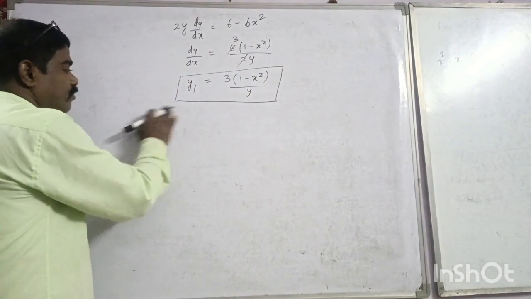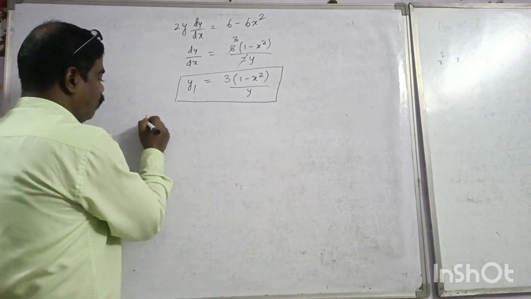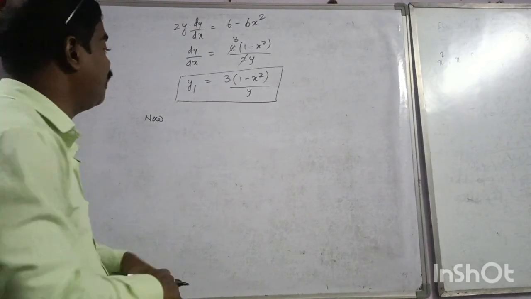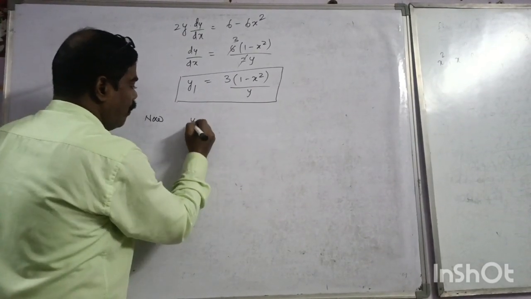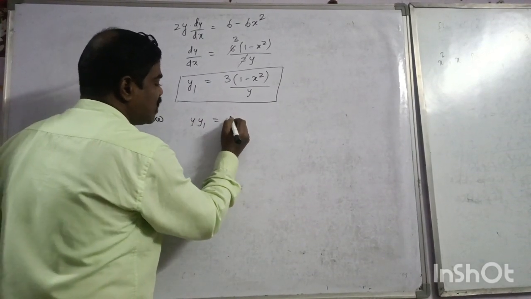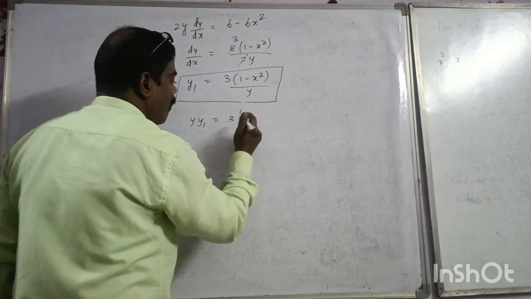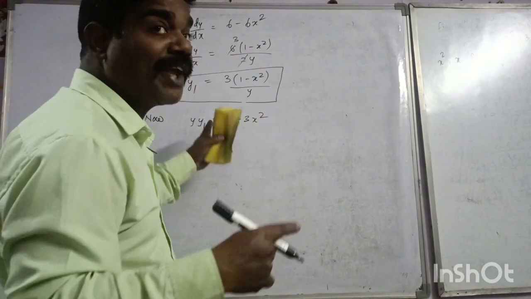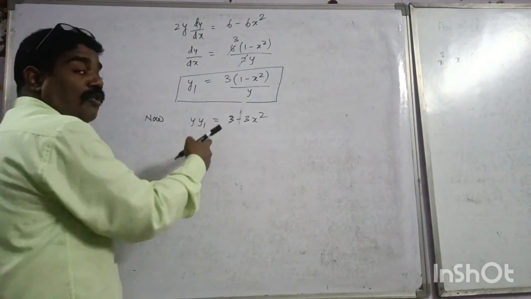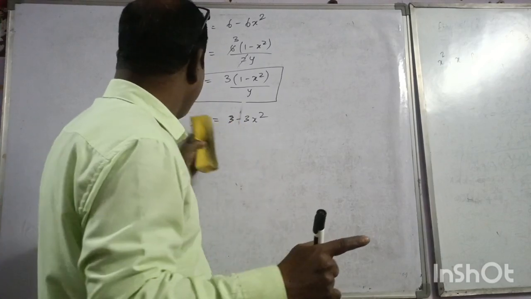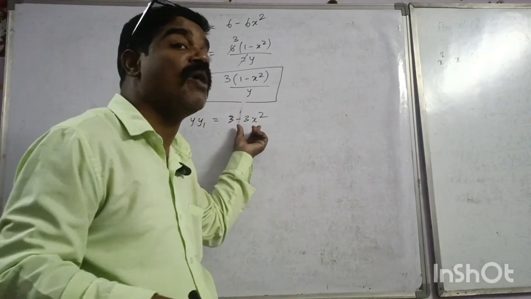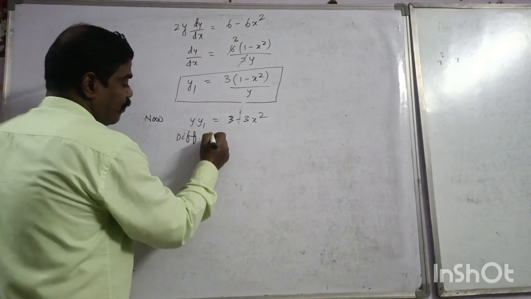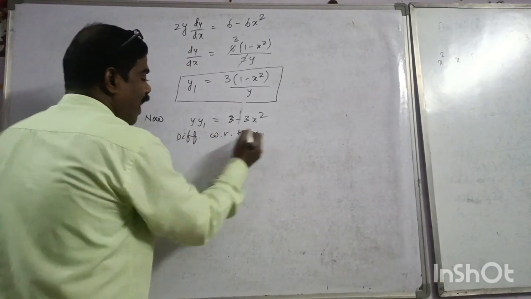Now, for this equation only I am rewriting here. y1 is equal to how much? 3 minus 3x square. What do you have to get? y2. For finding y2, again you have to take the derivative of this equation with respect to x. Differentiate with respect to x.